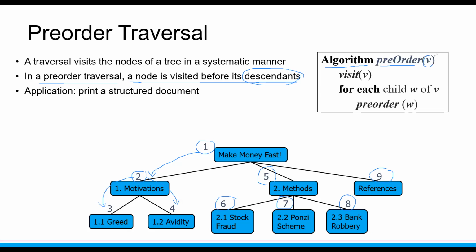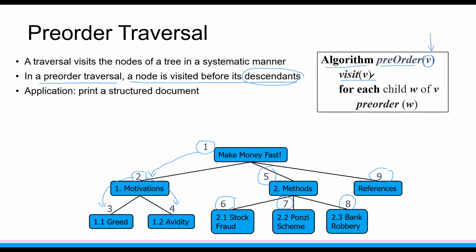We want to note that for every node V, we will check it. So for example, I use V and see whether I visit V or not.